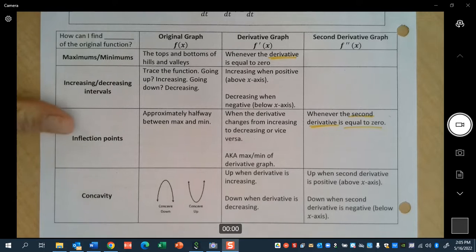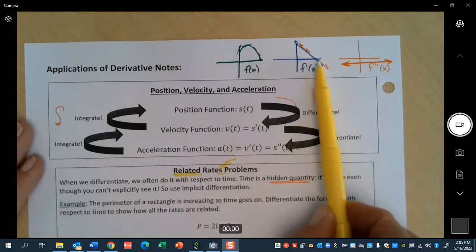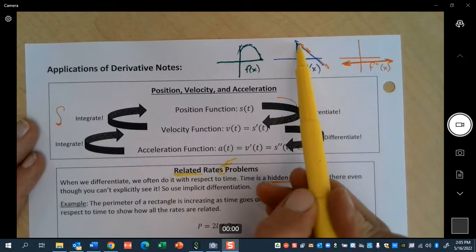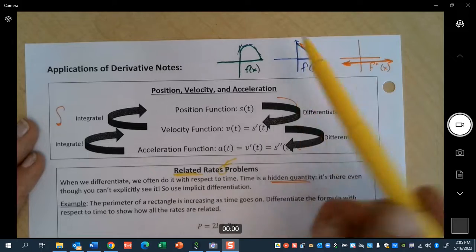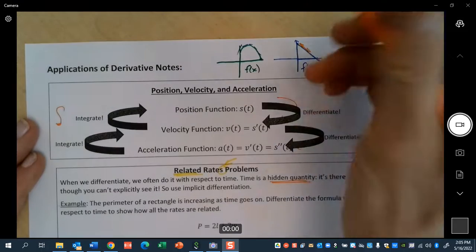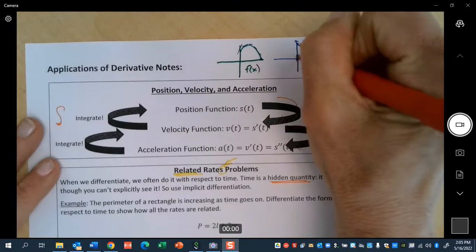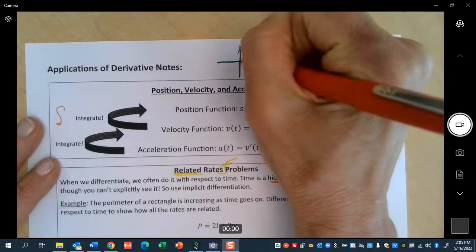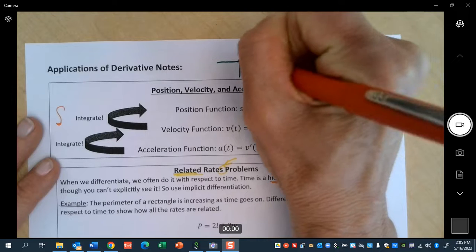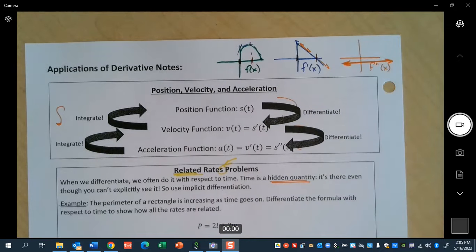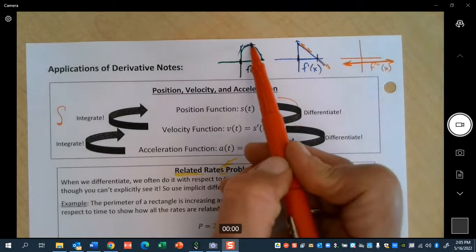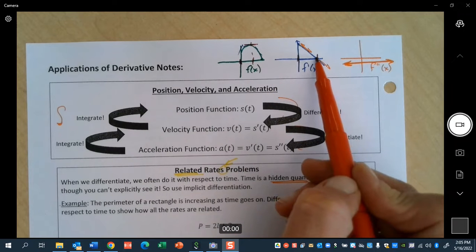And you can always go back to these graphs and remember that. Here, my derivative is increasing. So this time frame here on my derivative graph is this time frame here. Because when my derivative hits 0 here, that's this point here.